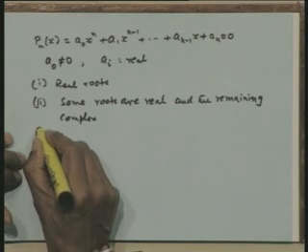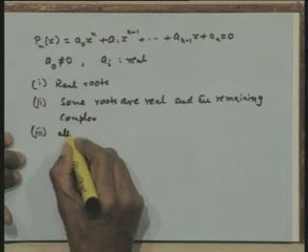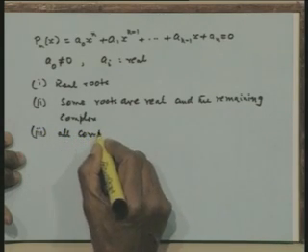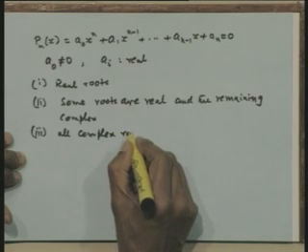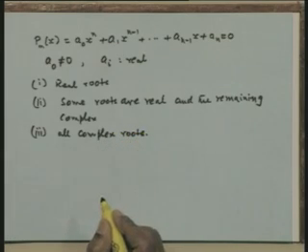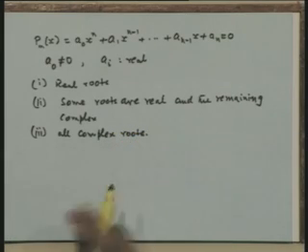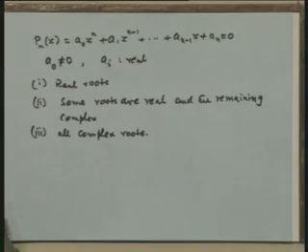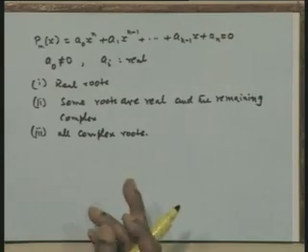And the third case is that it has all complex roots. For example, if we are finding the roots of x square plus 1, we know both the roots are complex. So that is a case that arises when the roots are all complex.